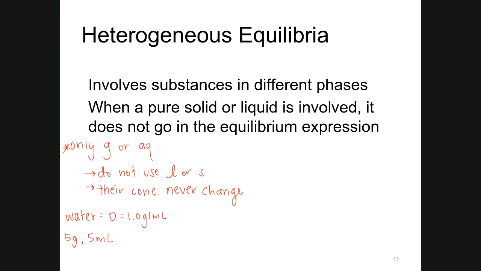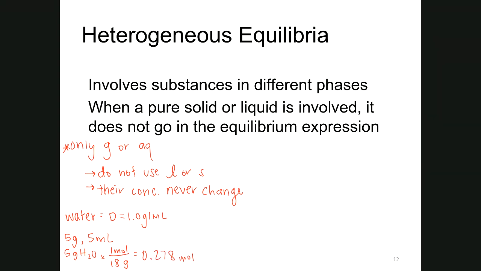So we would have to take 5 grams, convert that into moles. So 1 mole of water has a mass of 18 grams. So if we do 5 divided by 18, we get 0.278, and that's our moles.